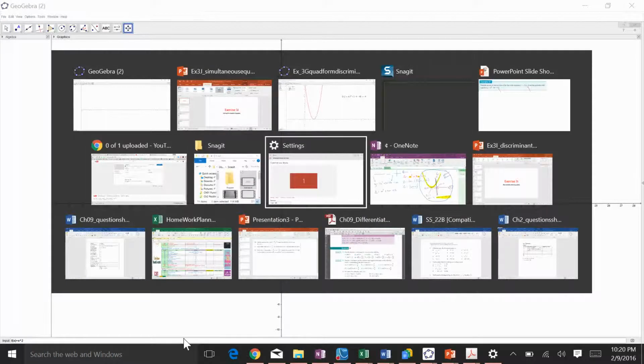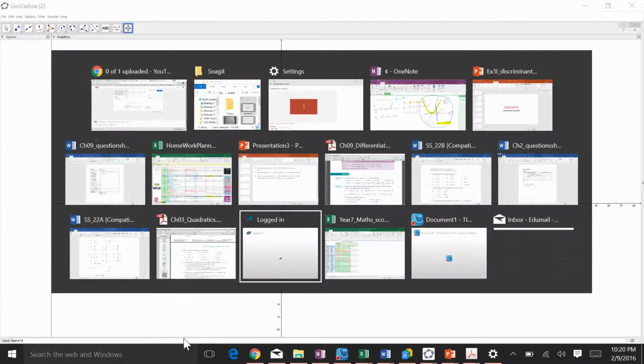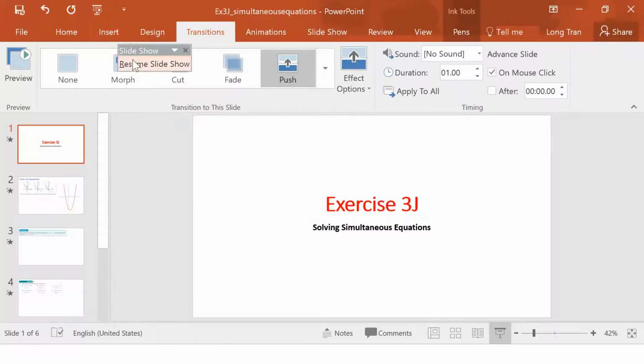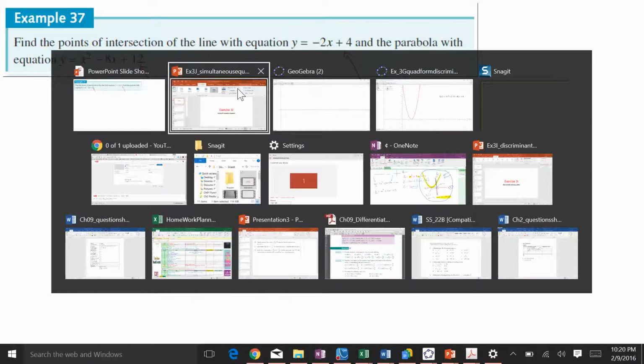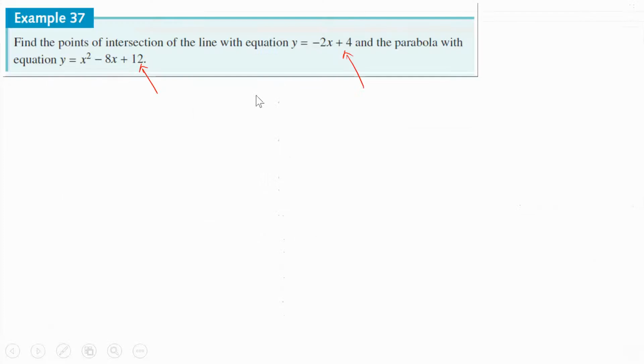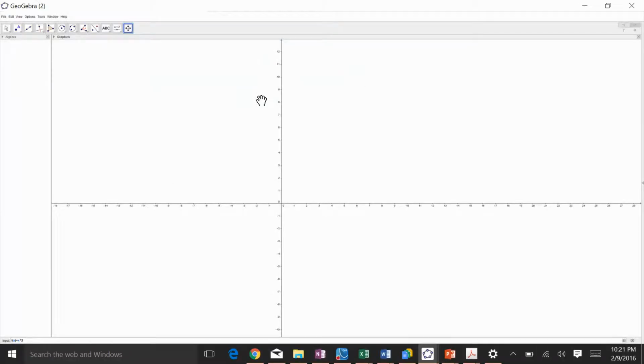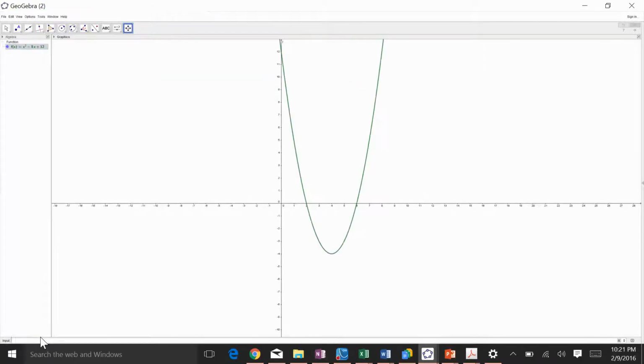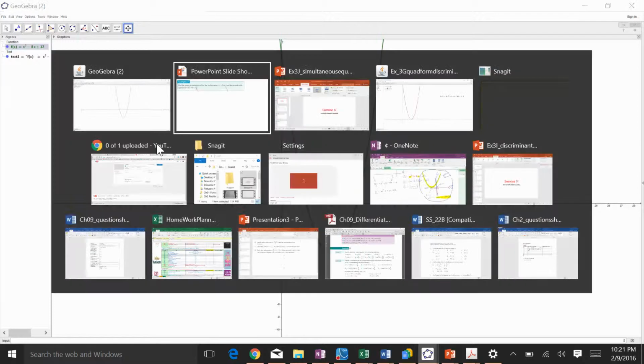I've got too many files. 3J resume slide. Okay, so it was x squared minus 8x plus 12. Is that right? Yeah. So this is my parabola, the parabola for x squared minus 8x plus 12.